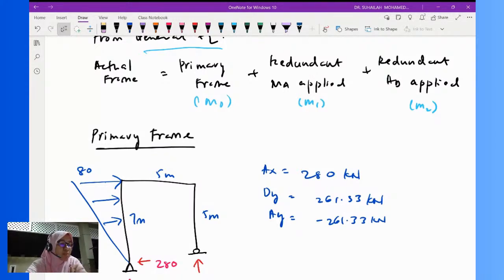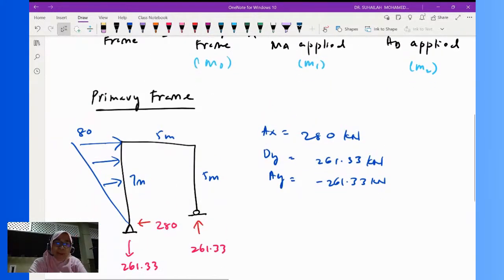Every time we want to do something, we just refer to the general equation. Always remember the general equation: actual structure equals primary structure plus redundant 1 plus redundant 2. Every time we have to start with this. This will guide us on what to do next.